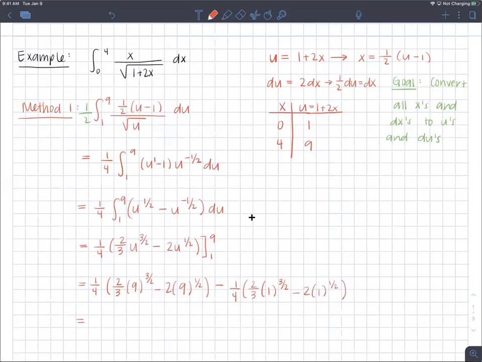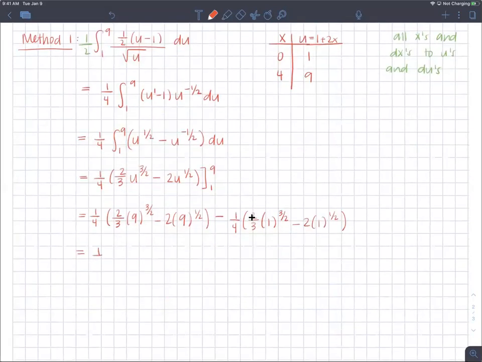Okay, when you do all of that, you're going to get, oh man, I never actually found the answer. 1/4 times 2/3 times 27 minus 6 minus 2/3 plus 2.